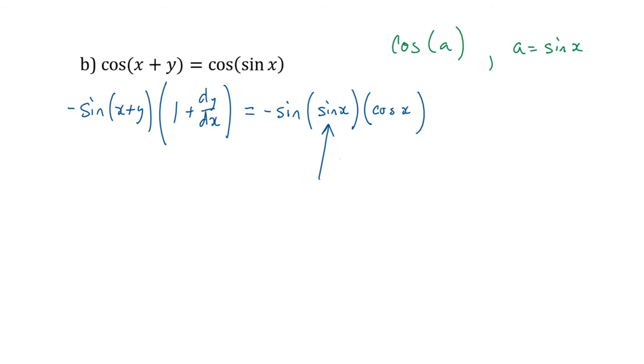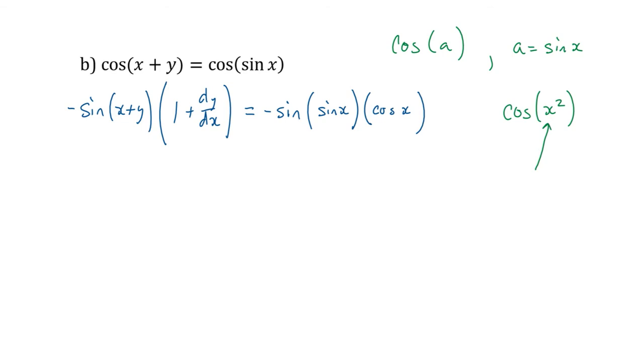Like I say, a habit could get in the way of doing that, or just misunderstanding what the angle is and getting yourself confused and writing that as sine squared or something, or all kinds of other mistakes can happen when our angle is another trig function. Okay, but it's not really any different than if I was taking the derivative of cos of x squared, where my angle again is a function. The function in that case is x squared, and its derivative would be 2x.